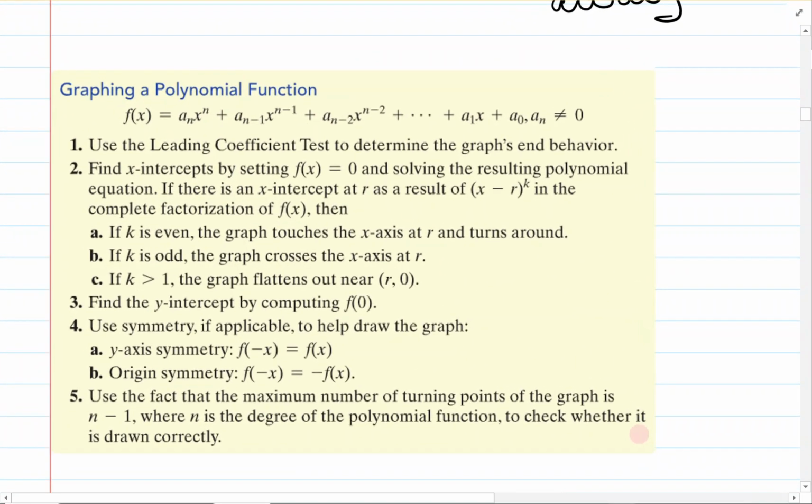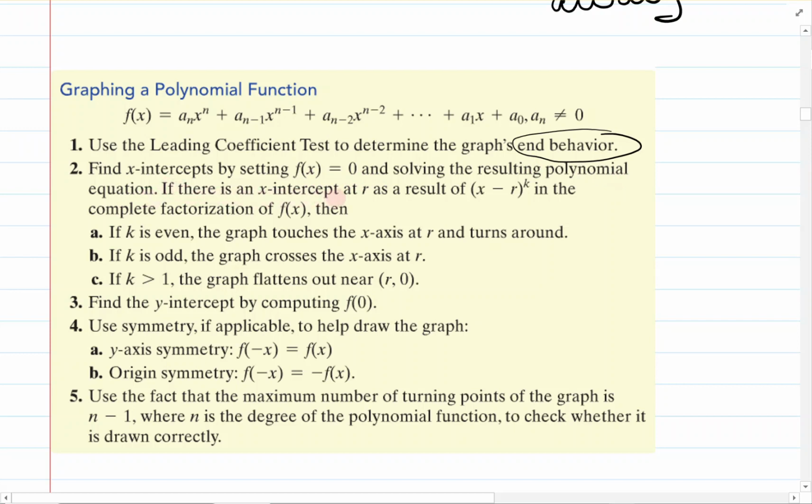There is a summary out of your book that says graphing a polynomial function. Use the leading coefficient test to determine the graph's end behaviors, which will either be up, up, down, down, up, down, or down, up. And we have a little chart about that. Find the x-intercepts by setting f of x equal to 0 and solving the resulting polynomial equation.